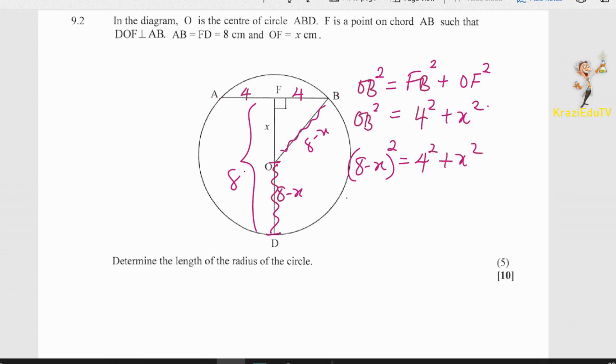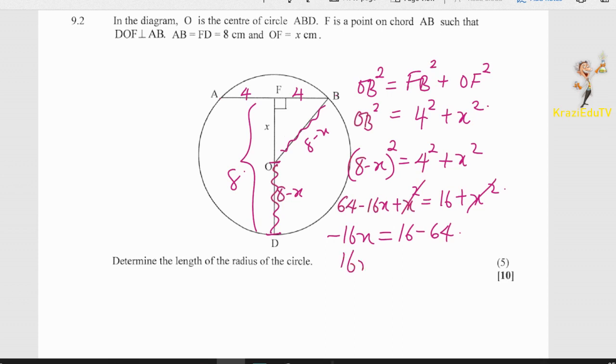What do we have here if we expand? 64 minus 16x plus x squared equals 16 plus x squared. Alright, so negative 16x. If I take this x squared over, then I have 16 minus 64.